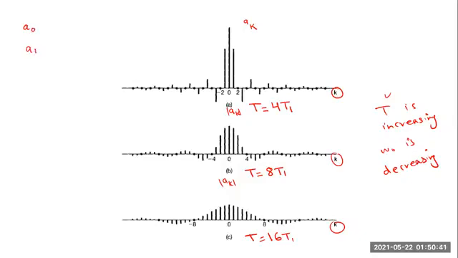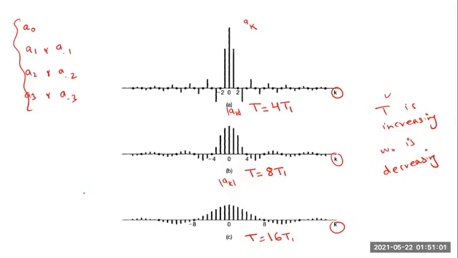So let's say a naught, A1 and A minus 1, A2, A minus 2, A3, A minus 3. So these are different coefficients that are plotted over here. But I just want to show you the effect of T increasing.